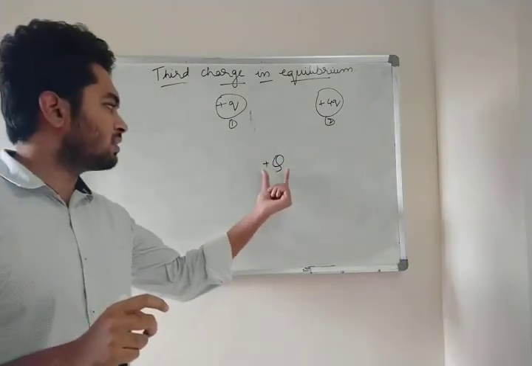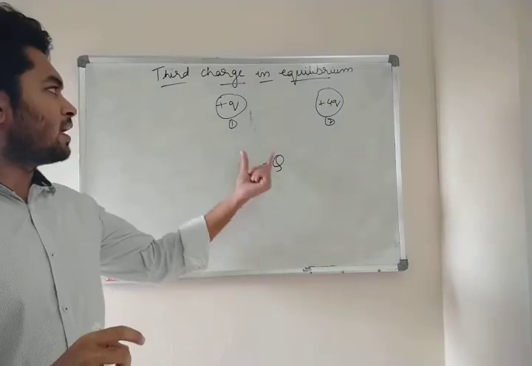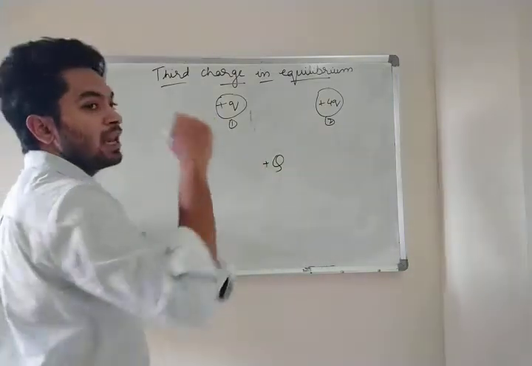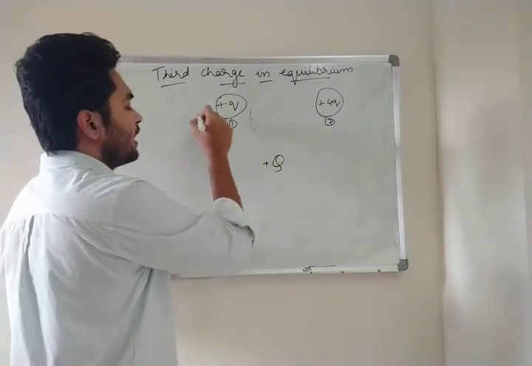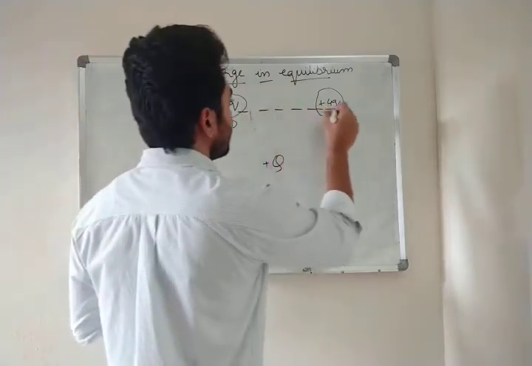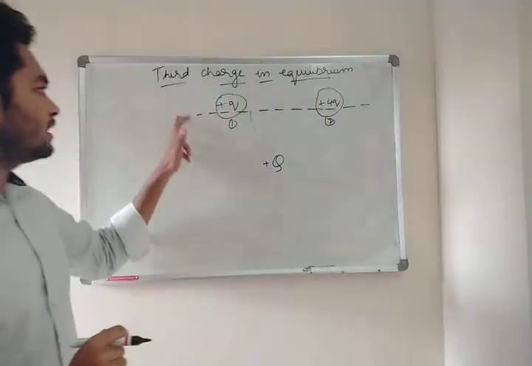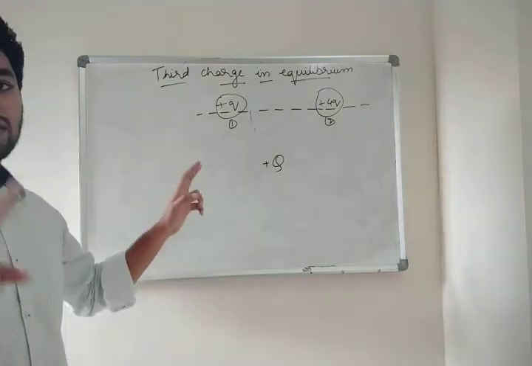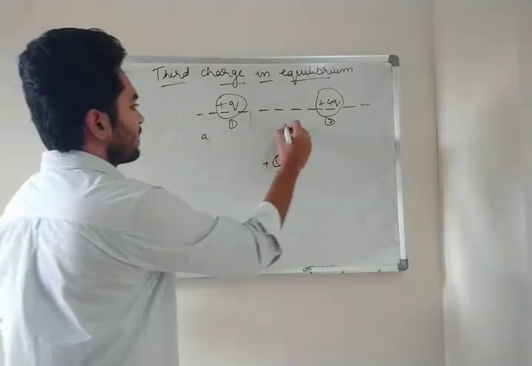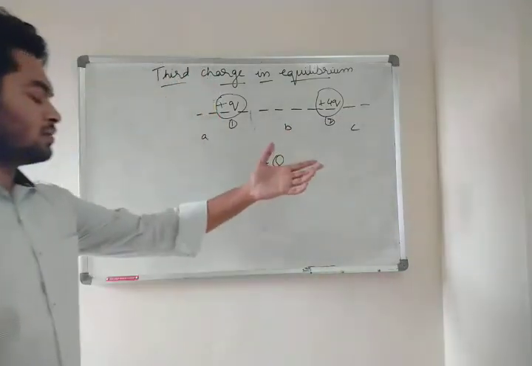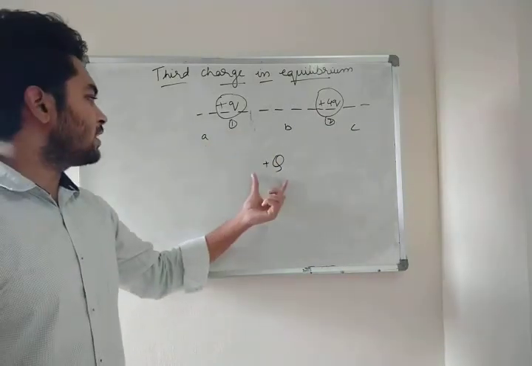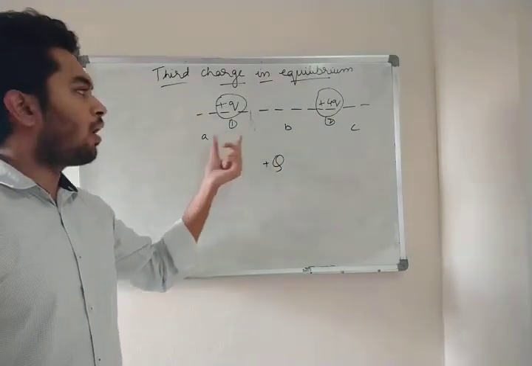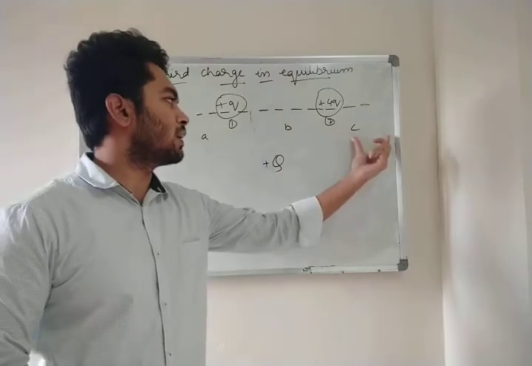You have to bring this third charge and you have to place it in the line of action. Line of action means the line joining these two charges. In this line, we have three cases: A, B, C. You have to place this q either here or here or here.